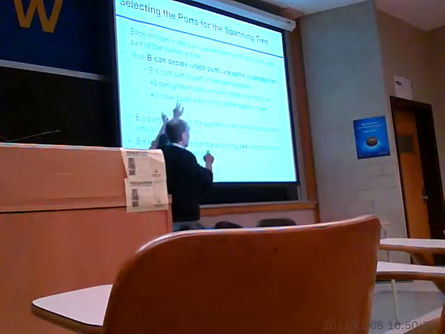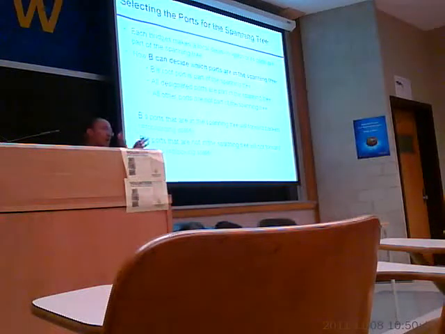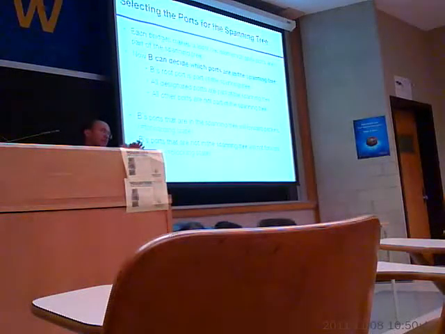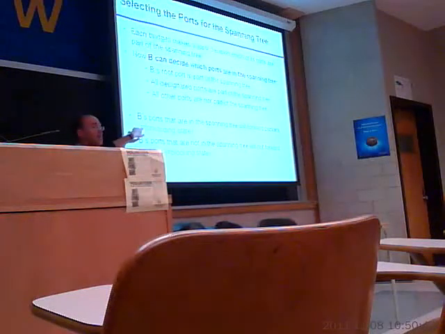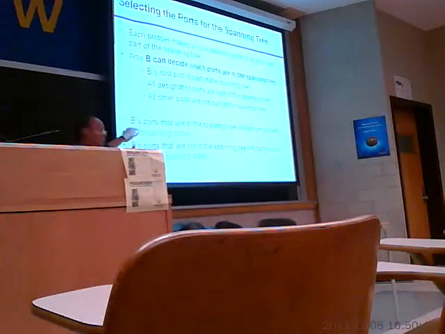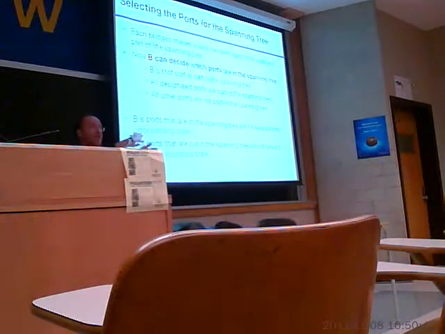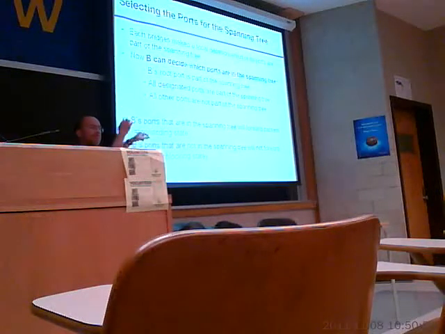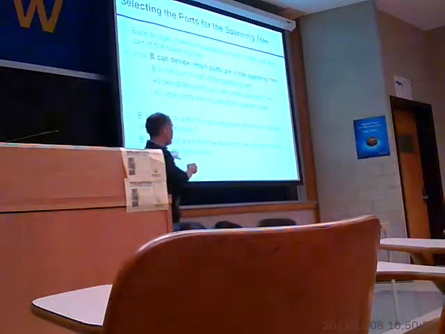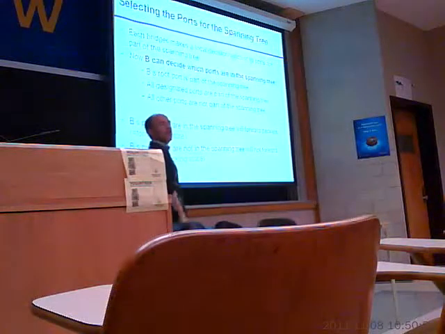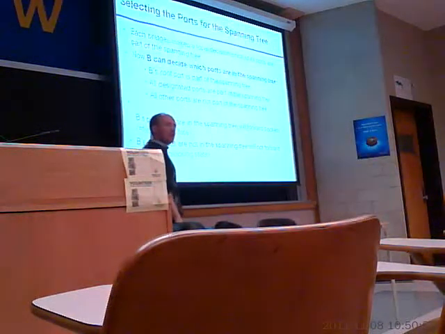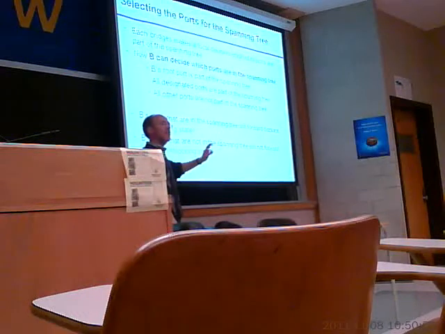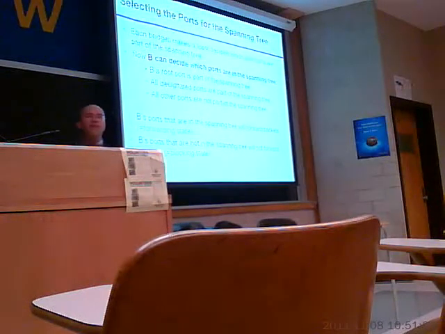All other ports are not part of the spanning tree. And this is being built by putting ports into a blocked state or a forwarding state. If a port is blocked, you don't transfer messages on that port. Otherwise, if it's not blocked, it's put in a forwarding state. That's how this works, yeah?